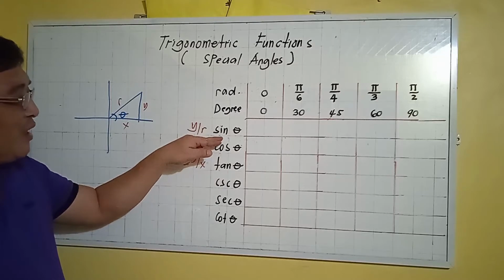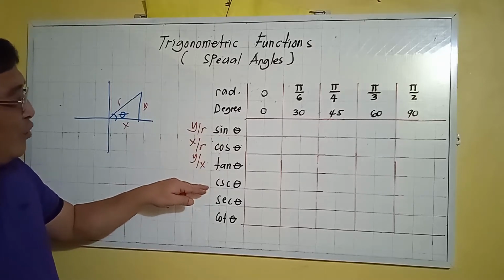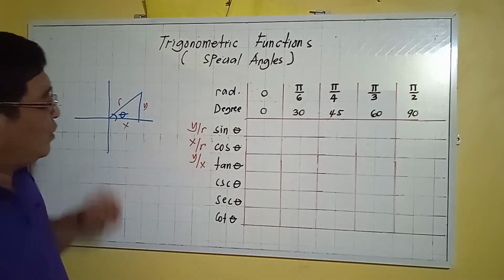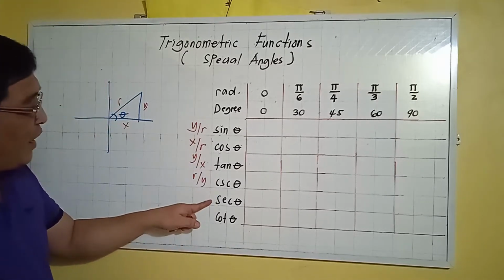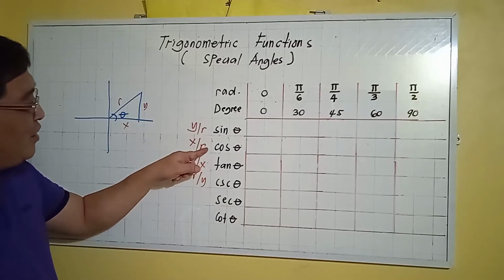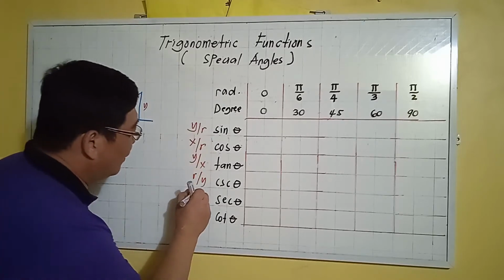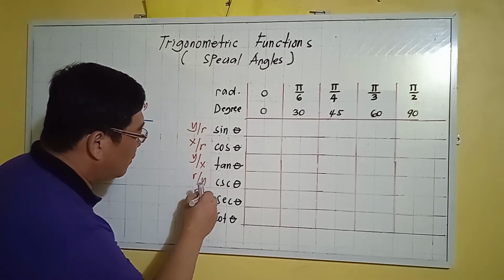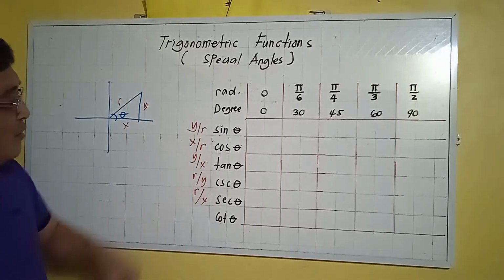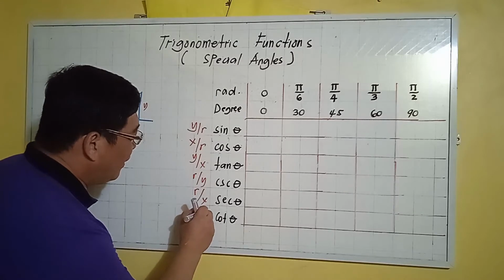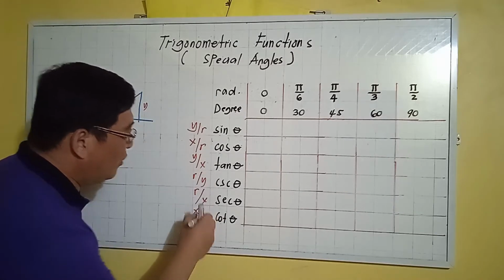Ang reciprocal ng sine is cosecant, kaya yung ratio niya is r over y. Secant, reciprocal is cosine, so r over x. And cotangent, reciprocal, tangent, x over y.